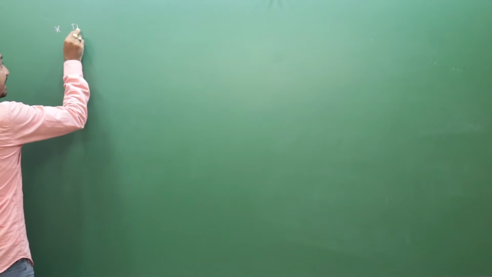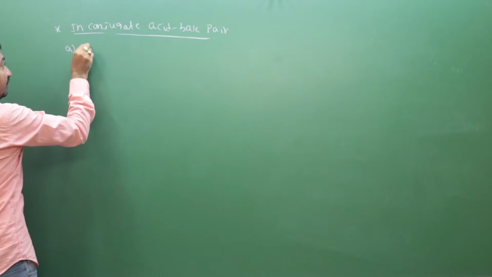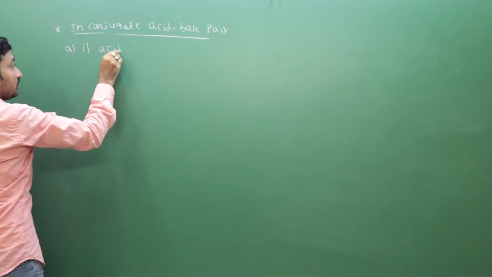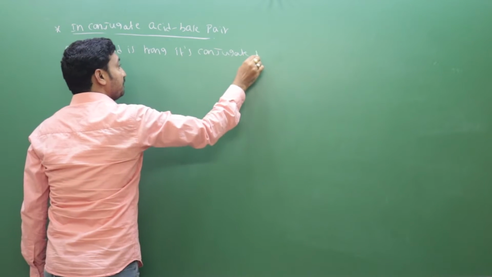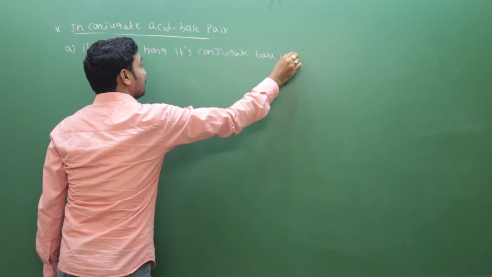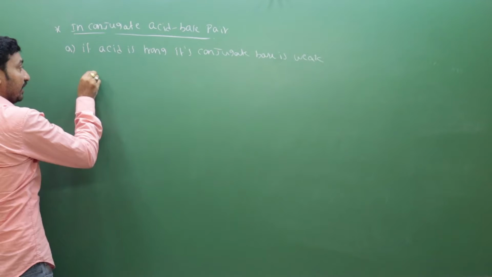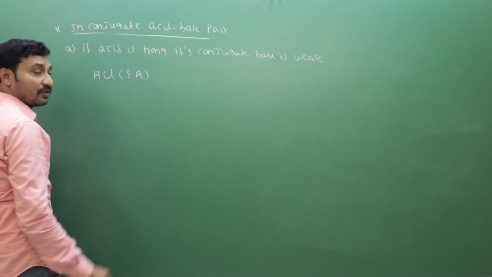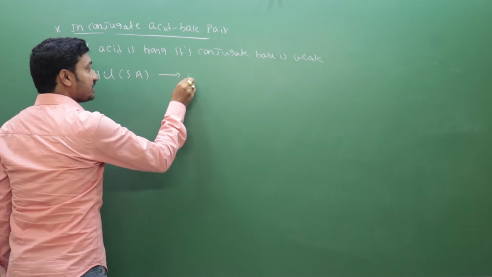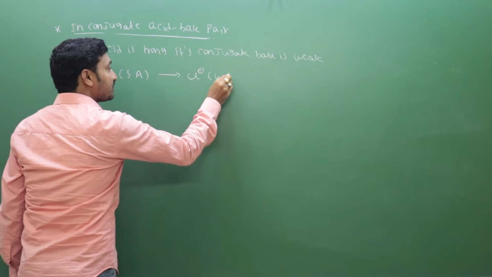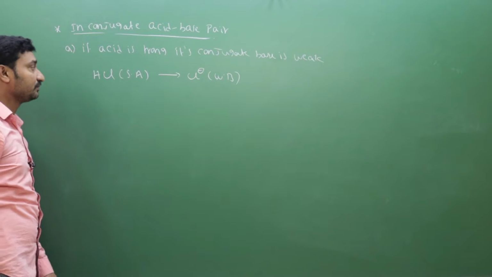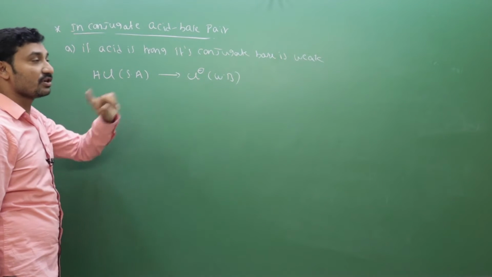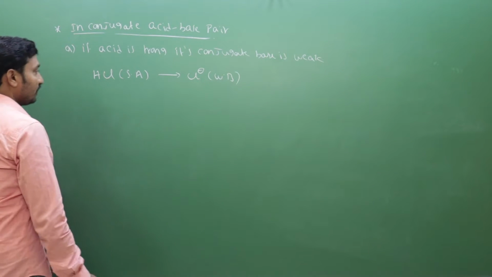In a conjugate acid base pair, if the acid is strong, its conjugate base is weak. Example, HCl, a strong acid. What is its conjugate base? Cl minus, a weak base.